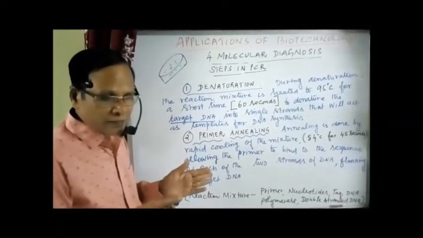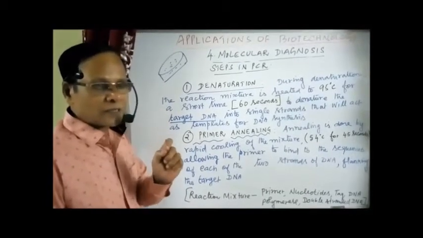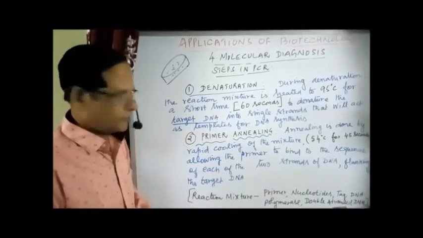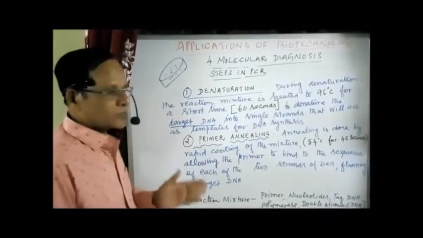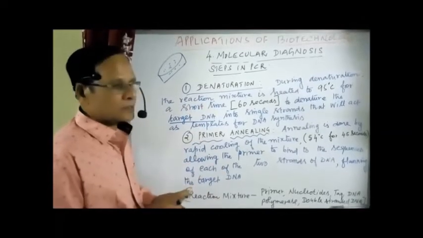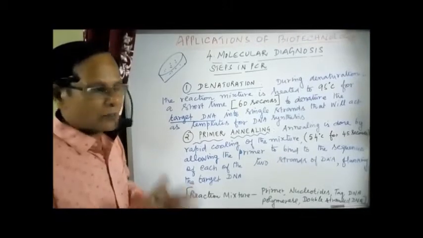The two strands get separated, as in the case of the replication process. Each strand is capable of acting as a template to synthesize its own complementary strand. That is denaturation, separation of the two strands with the help of a high temperature of 95 degrees Celsius for about 60 seconds. It will not be extended beyond that.